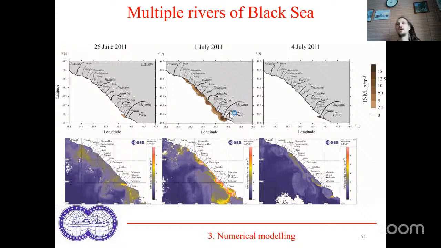Do you remember that when there is low ambient forcing on the river plume, it is spreading to the right from river mouths. And we see the same for these multiple small rivers in the Black Sea.